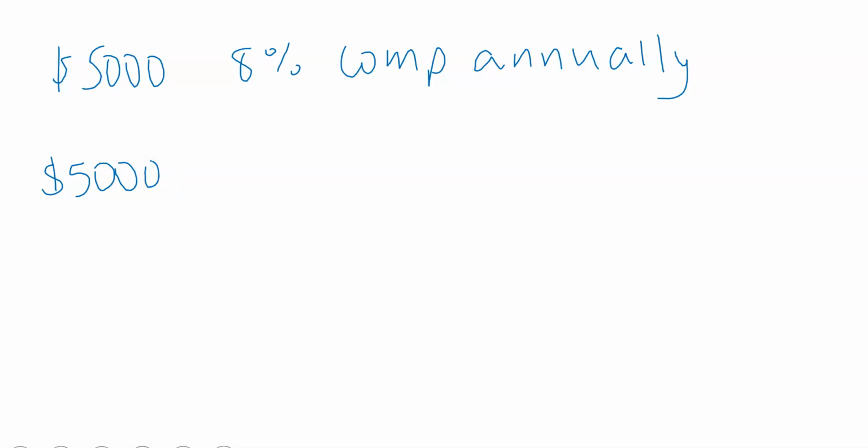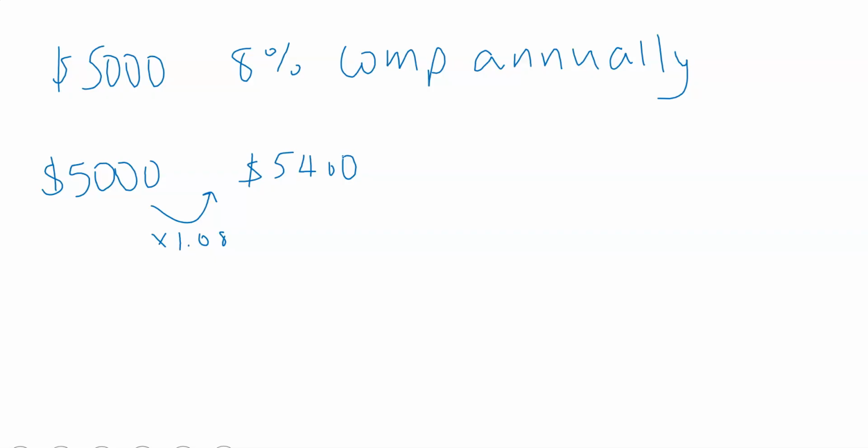If we wanted to work out how much that investment would be worth after 1 year, we would want to increase that $5,000 by 8%. In order to increase $5,000 by 8%, we know that we'd need to multiply it by 1.08. And when we do that, we get $5,400. That would be the balance of the investment after 1 year.